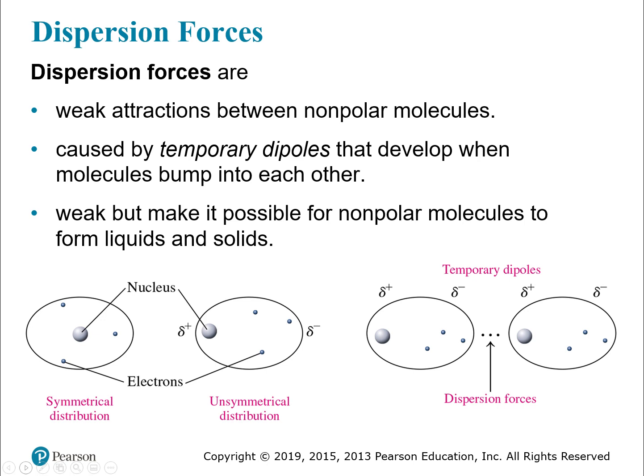When molecules bump into each other, they can cause temporary dipoles, which means that you've temporarily got the nucleus maybe on one side and the electrons on the other. And so you've got some attraction between the nucleus of an atom in one molecule and the electrons in another. Those forces are pretty weak, but it enables nonpolar molecules to form liquids and solids.